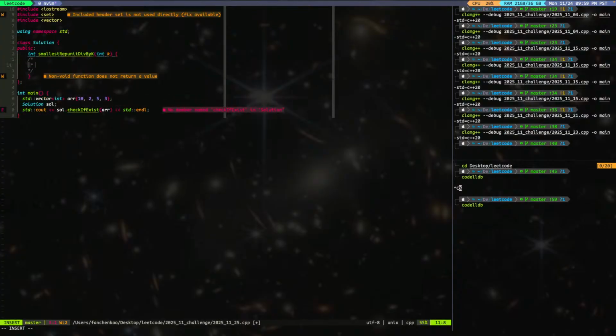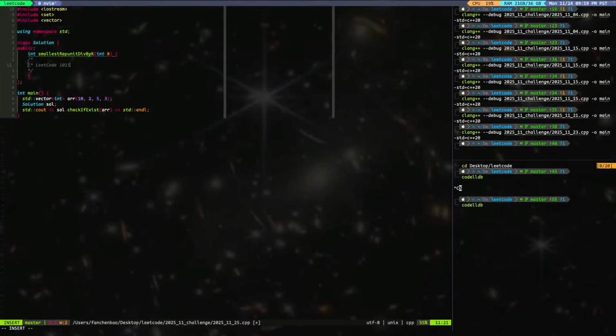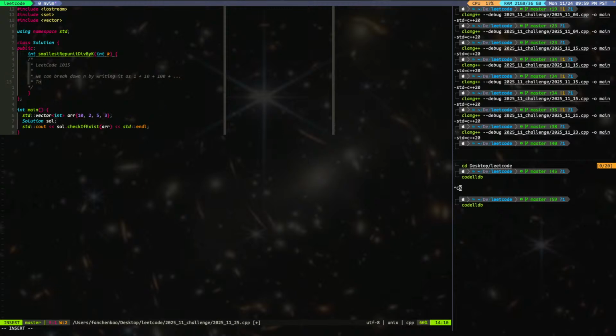All right, what is this problem? 1015. We can break down n by writing it as 1 plus 10 plus 100 plus, right? To make n divisible by k, we need the remainder of 1 mod k.